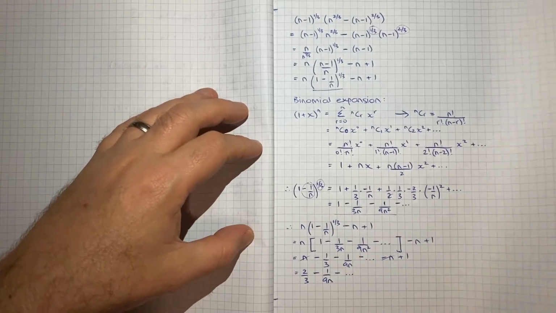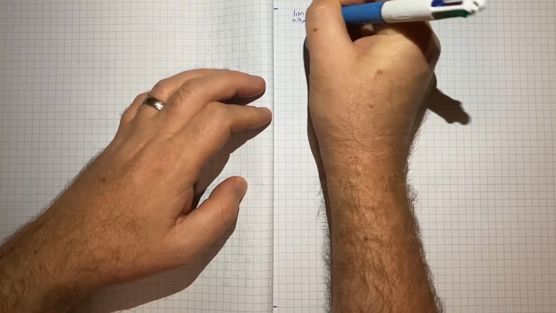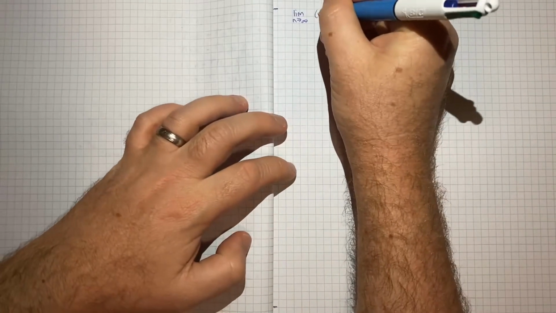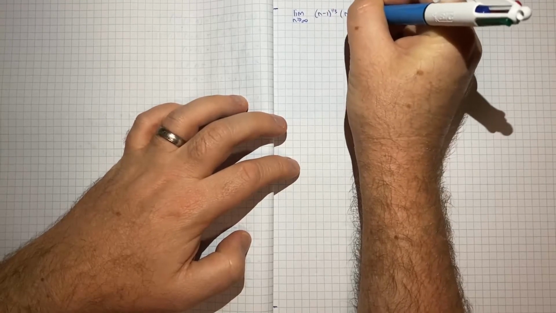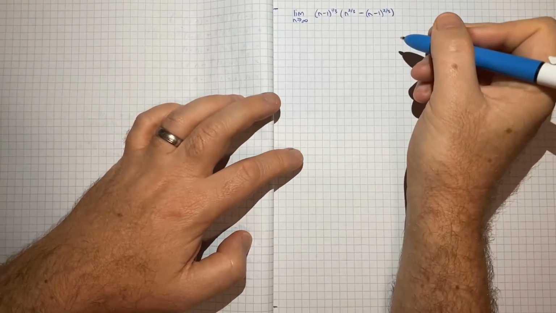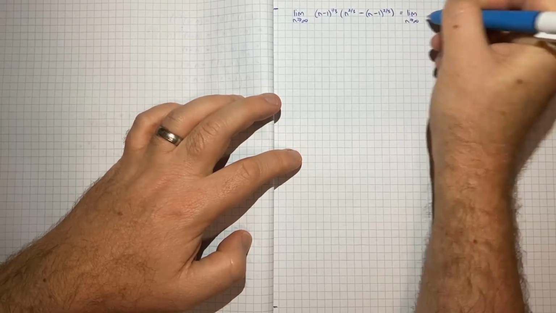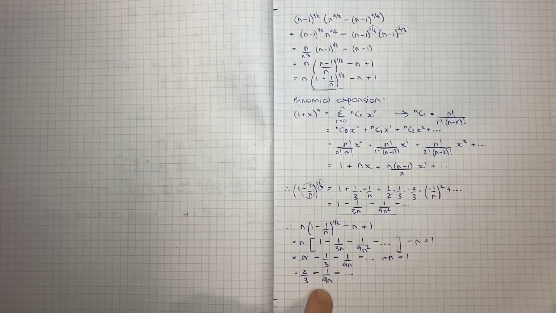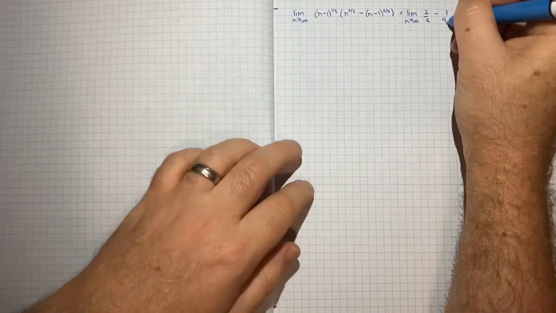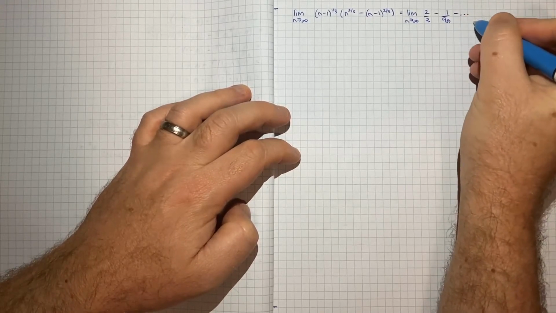So from there, what we can therefore say is that the limit as n goes to infinity of what we were concerned with, n^(1/3)... that is, n^(2/3) minus (n - 1)^(2/3), is actually equal to the limit as n goes to infinity of 2/3 minus 1/(9n) minus and so on, where all of these extra terms will just have a higher order of n in their denominator.